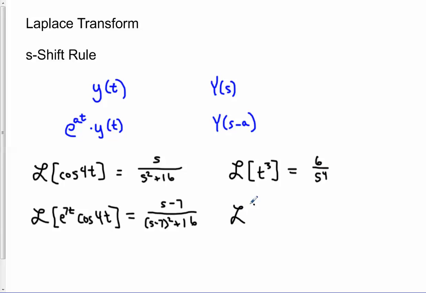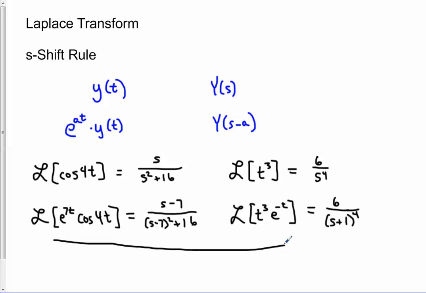Then if we wanted the Laplace transform of t cubed times e to the minus t, we're just multiplying a known one by an exponential. So it's going to be the same one, only now instead of s, we're going to have s minus a. My a here is negative 1, so minus a negative 1, so plus 1, to the 4th. So this is how it works, and this can be a nice help.